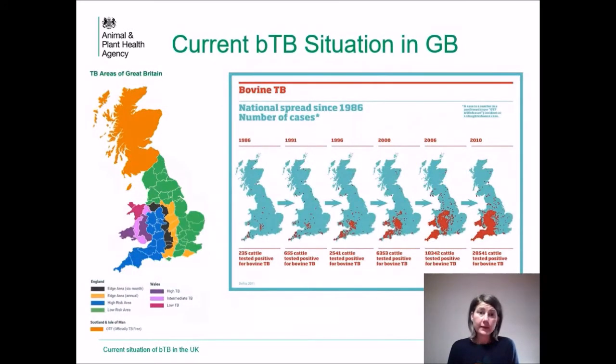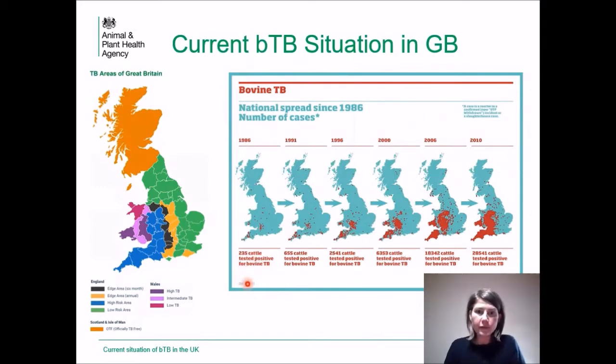On this slide, I'd just like to give a brief overview of the current situation in Great Britain. On the right-hand side, I have a figure that shows the national spread of bovine TB since 1986. In red, the red dots are representing the number of cases.